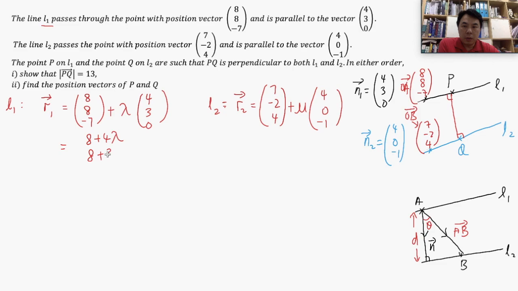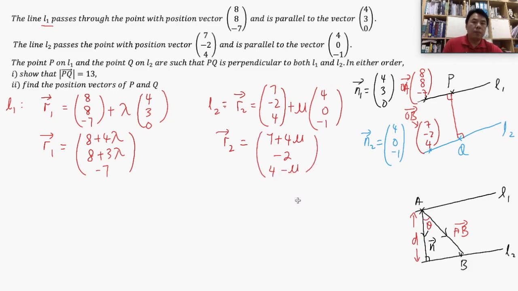Second one is 8 plus 3 lambda. Next one is negative 7. Whereas R2 is given as 7 plus 4 mu, negative 2, and then 4 minus 4 mu here.